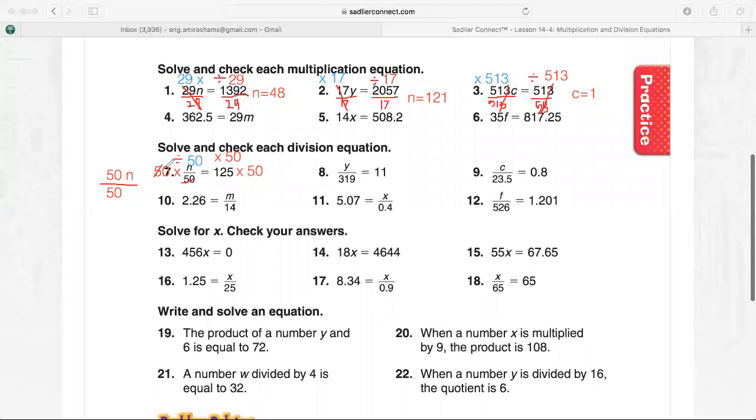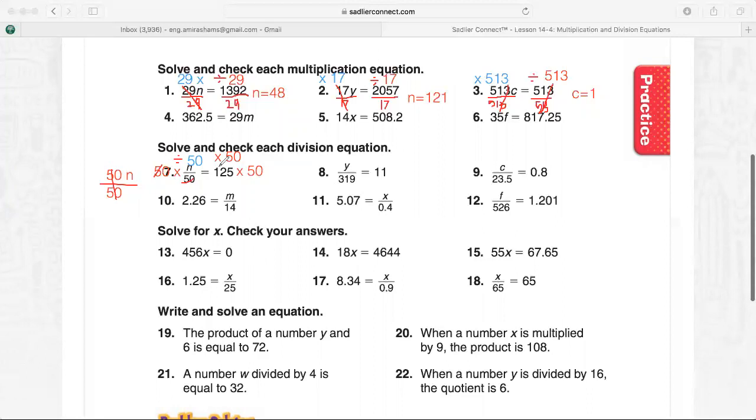When I apply the rules of multiplying fractions, 50 multiplied by n is 50n. And down in the denominator, I have 50. So now I have 50 in the numerator and 50 in the denominator, so they cancel each other. 50 divided by 50 is equal to 1. 1 is left next to n, 1n.